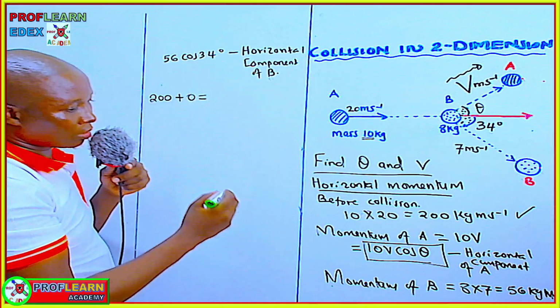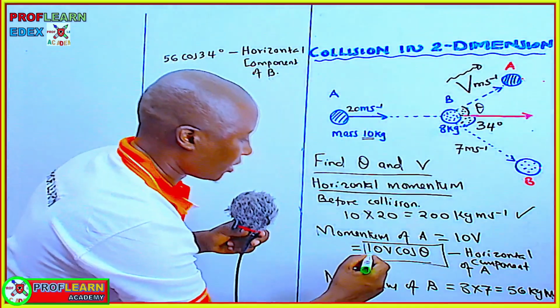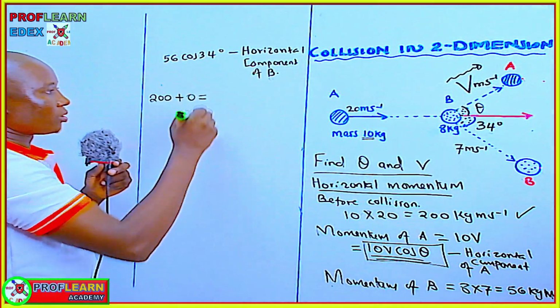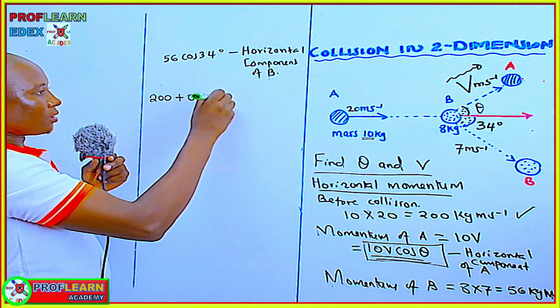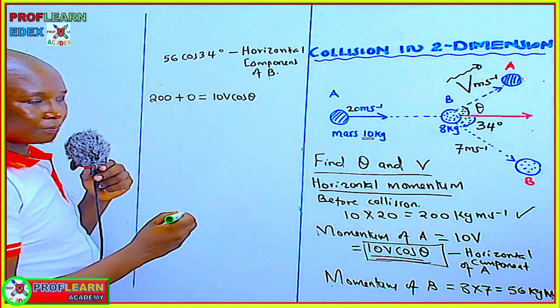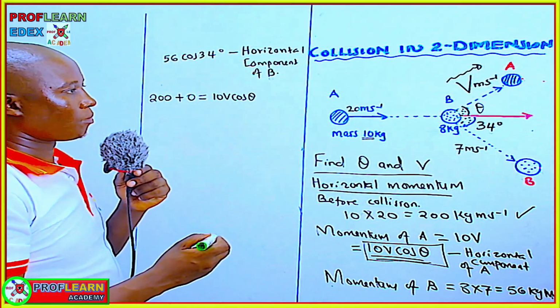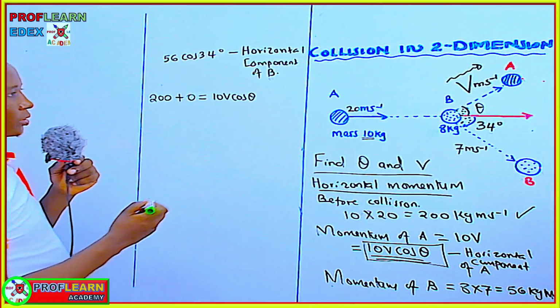And after collision, the momentum of A in the horizontal direction is this value that we got here, 10V cos theta.